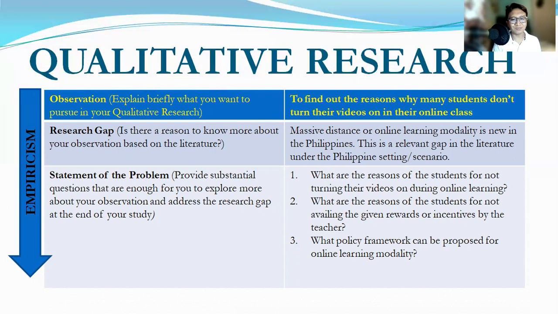Of course, this is a big help to your institution, and this could be a part of your institutional study thereafter, because you are providing the policy framework based on the responses of the students, because these are the actual evidence. These are actual data coming from the students, coming from your direct respondents.